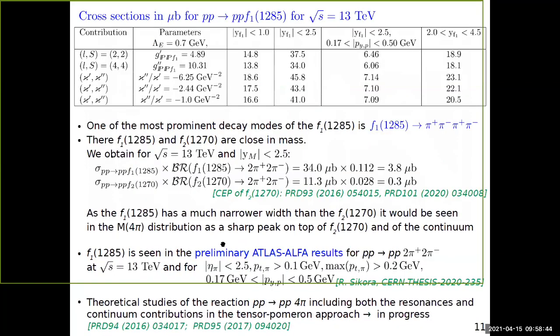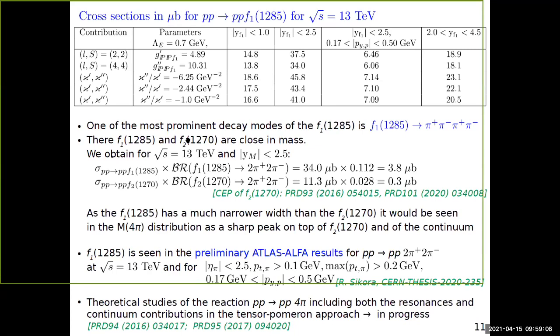Okay, here are cross sections in microbarn for different parameters. Okay, I go essentially to my conclusions. The cross sections which we found are large and depend on the kinematic cuts and on the parameters.